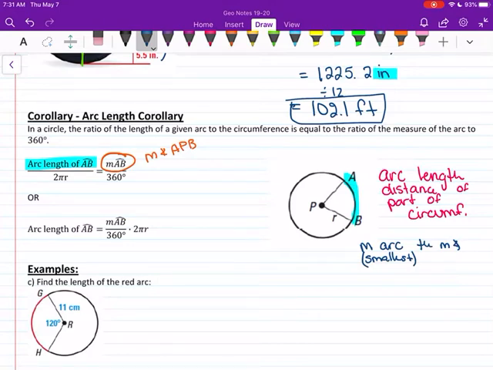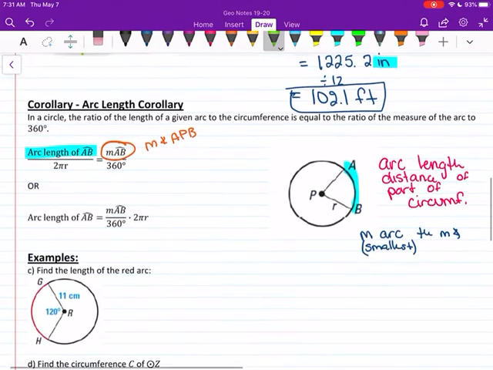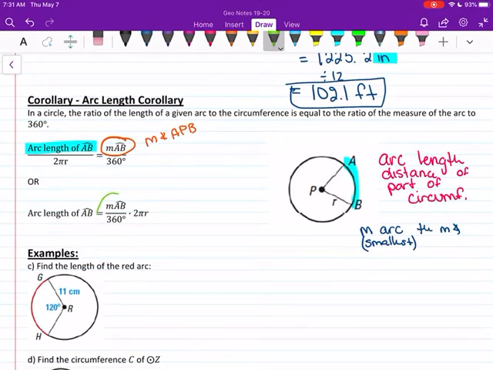If I look at the second formula here, if I want to measure the arc length, remember that's the distance of the crust of the pizza, I can say, hey, I know that the whole circumference is 2 pi r. That's what this piece is here. So that's my circumference, the whole distance around.